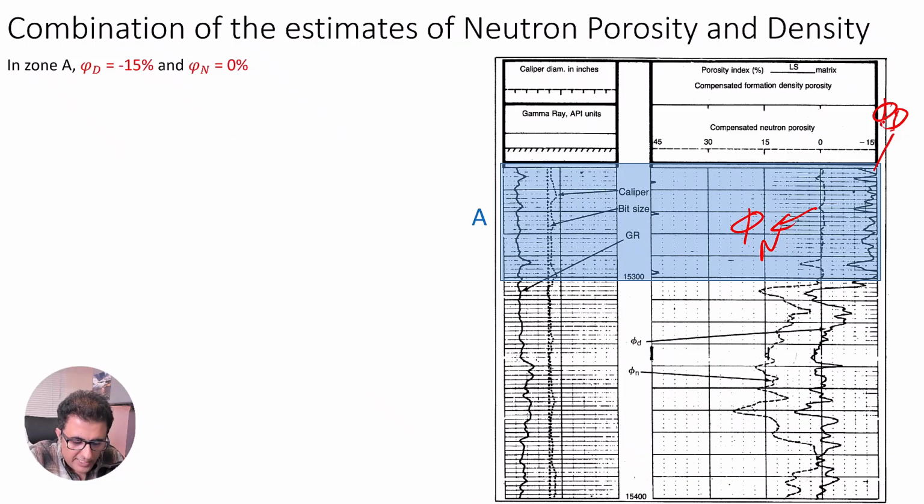So why have we ended up with this wrong value for the porosity? If you remember from my density log lecture, I said that whenever we have a wrong assumption about lithology, we may end up with a negative value for the porosity. And that's the reason this is happening here.